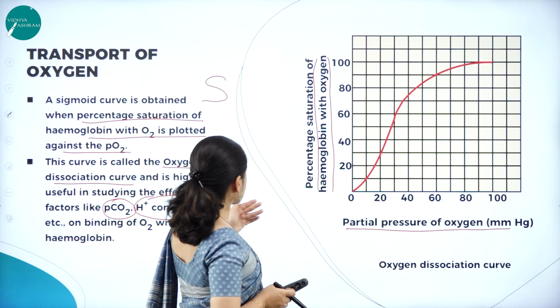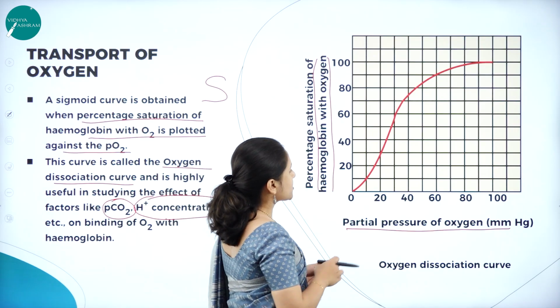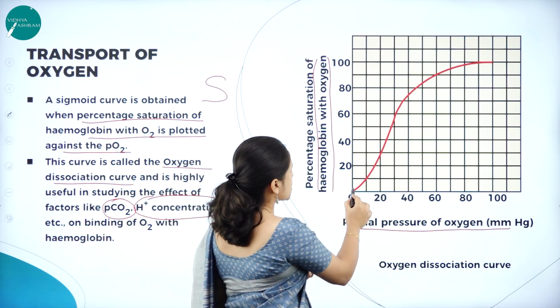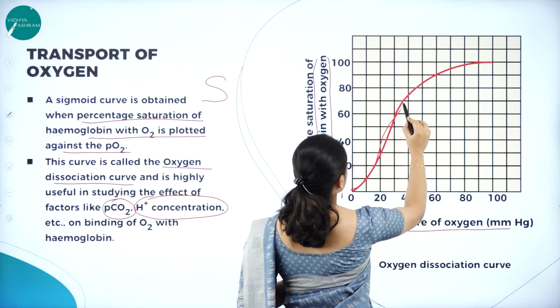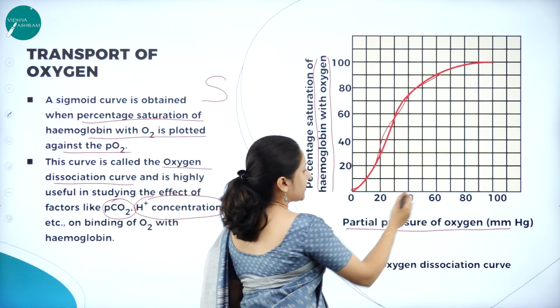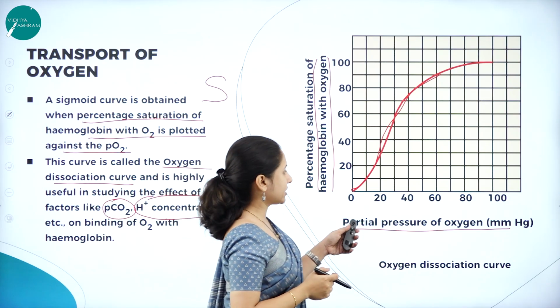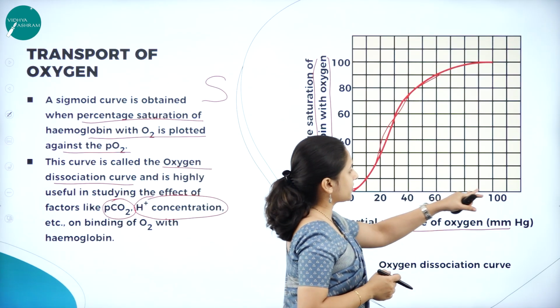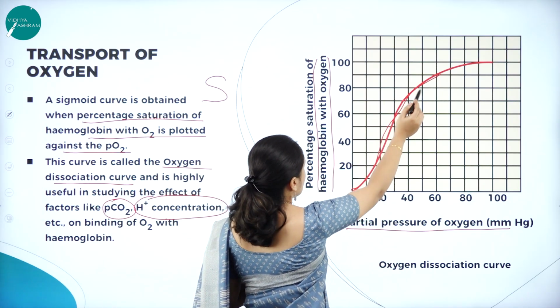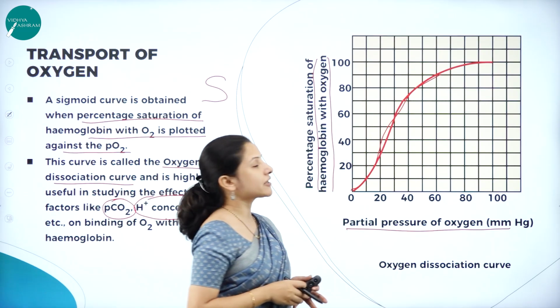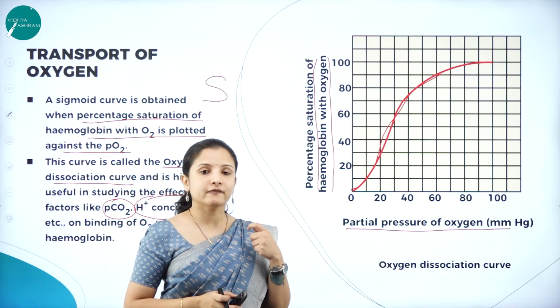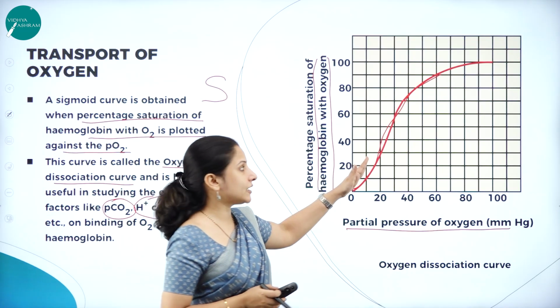Here, as you can see, as the partial pressure of oxygen increases up to a certain state, the percentage saturation of hemoglobin with oxygen also increases.